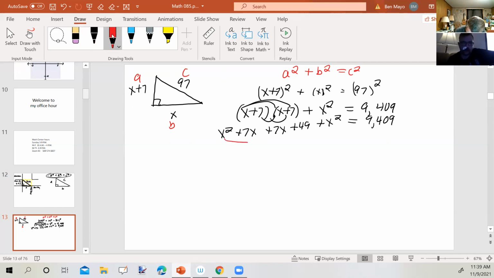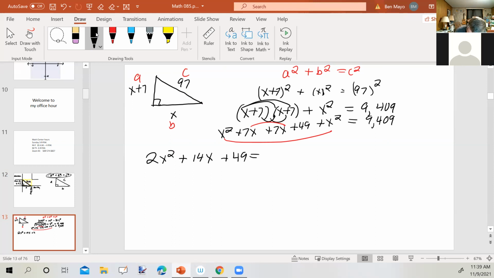Combining like terms, we get 2x squared plus 14x plus 49 equals 9,409. Putting this in standard form, we'll subtract 9,409 from both sides, and we get 2x squared plus 14x minus 9,360.